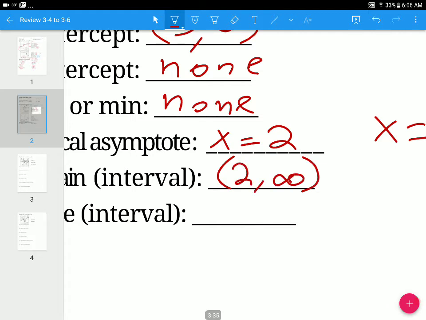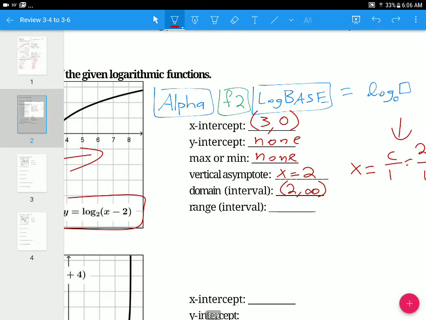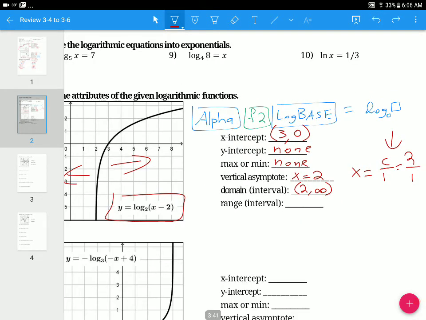And your range, it goes down forever, and it's slanted, but it's still going up. So your range is all real numbers, negative infinity to positive infinity in interval notation. All logarithms have a range of all real numbers.